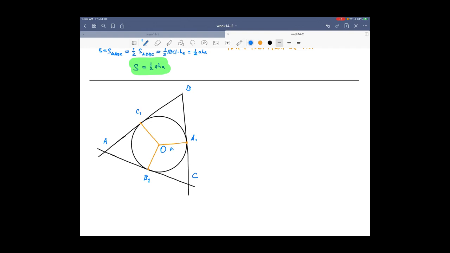Now if we join O and the points A, B, and C, we see immediately that the area of the triangle ABC can be written as the area of these three triangles, ABO, BOC, and AOC.